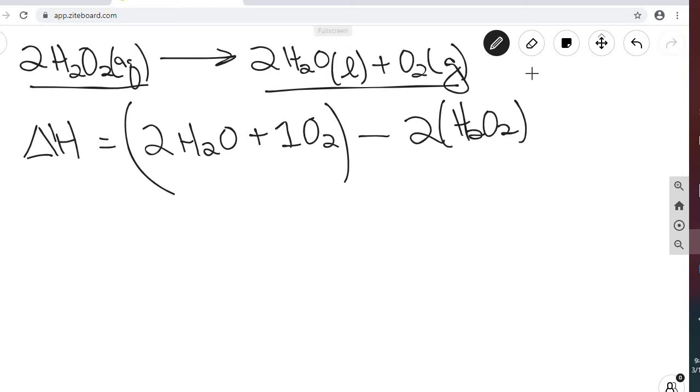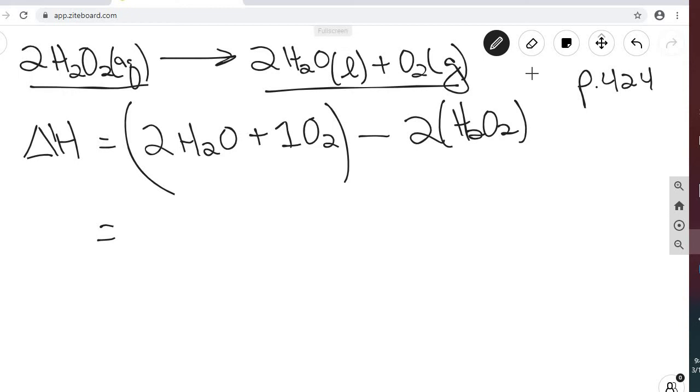Okay, so if we look at the standard enthalpies of formation, I'm looking at the table on page 424. You need to be looking at that.